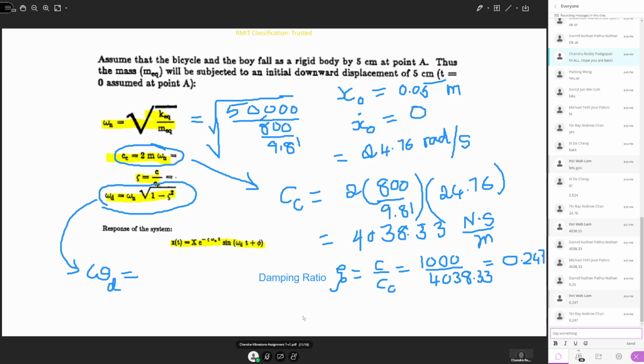Let me know your answer for the damped natural frequency. 24.